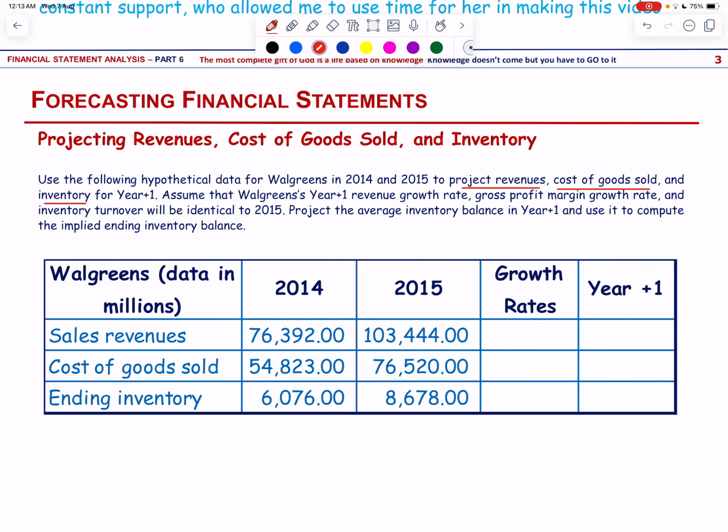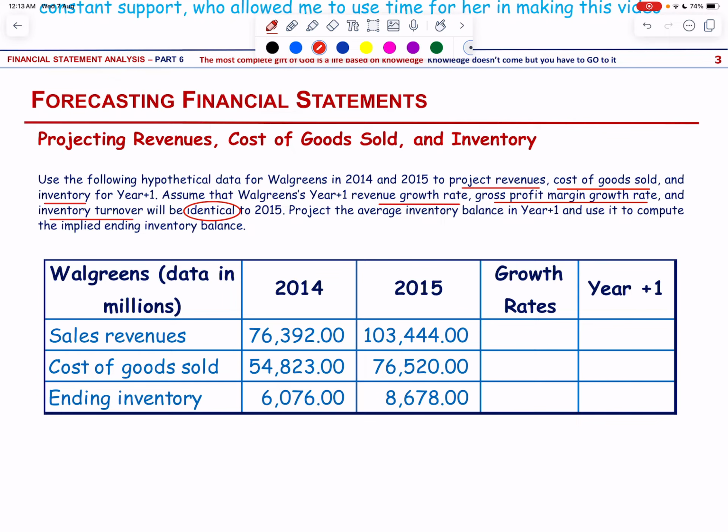Assume that Walgreens' next year revenue growth rate, gross profit margin growth rate, and the inventory turnover will be identical to 2015. Project the average inventory balance in the next year and use it to compute the implied ending inventory balance.